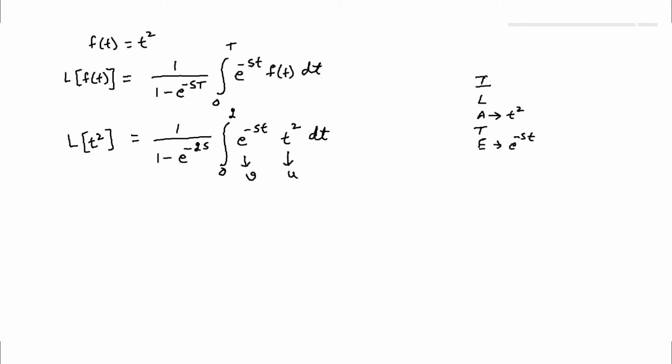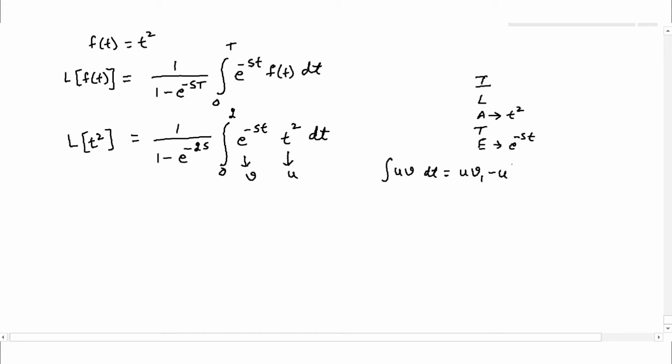We already know the Bernoulli's rule: integral of u into v times dt will be equal to u into v1 minus u dash into v2 plus u double dash into v3 minus and so on, where u has to be differentiated over here and v has to be integrated. So let us apply the Bernoulli's rule over here.